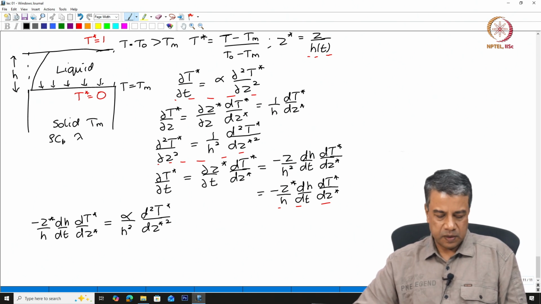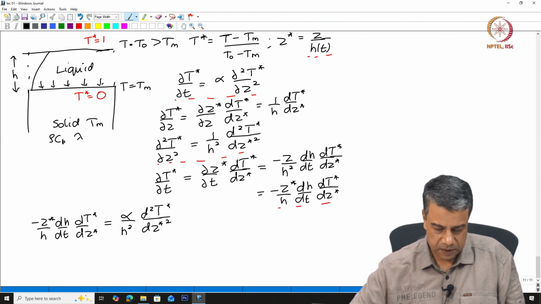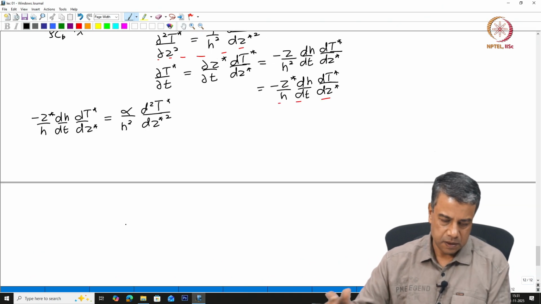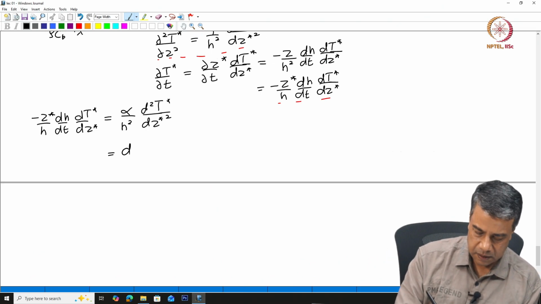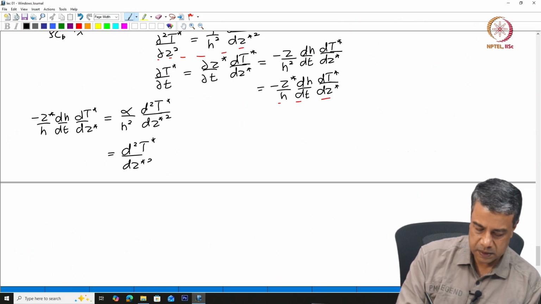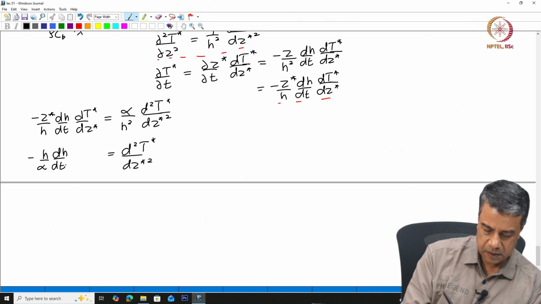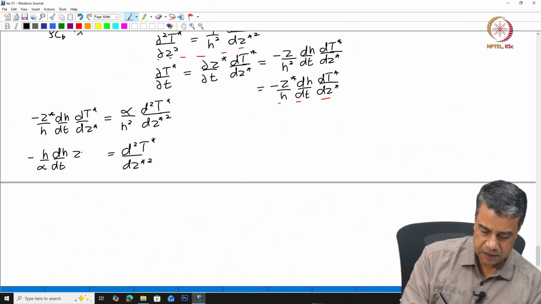Multiply throughout by h squared by alpha, so I get coefficient 1 on the right side, and I get d squared T star by dz star squared is equal to minus h by alpha dh by dt times z star dT by dz star.